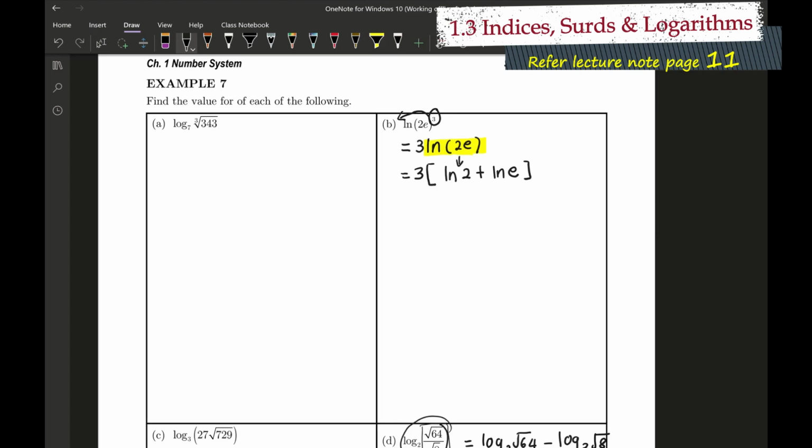And now it will become 3 ln 2 plus, what happened to ln e? Ln e, meaning the base is equal to e, so it will become 1. Then the final answer is 3 ln 2 plus 3.